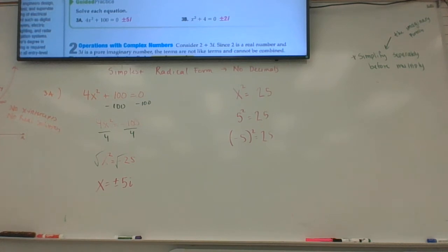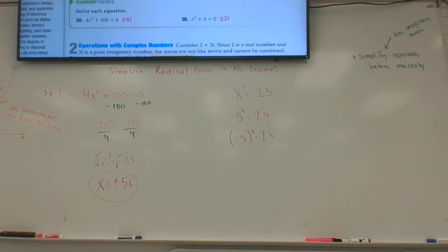We now know it has two complex imaginary answers. So our answers are imaginary. It's plus and minus 5i, because this doesn't actually cross the x-axis. These solutions are on a different coordinate plane. That's it.